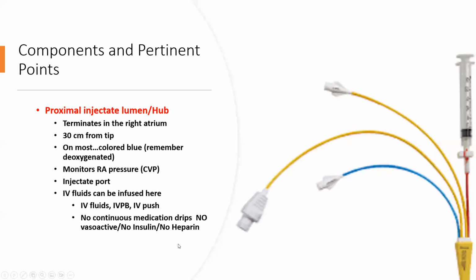All right, Jennifer is correct. You should never use this port for blood transfusion. And the reason for that, technically, blood products can be infused through any of the central lines. However, it is preferable that the blue injection port of the right heart catheter should be avoided.